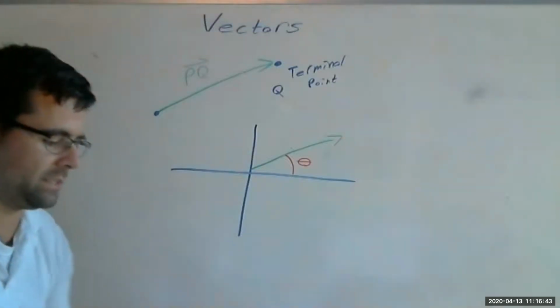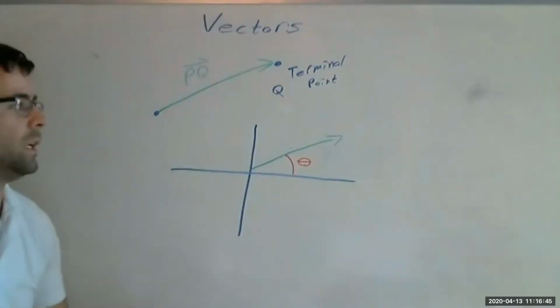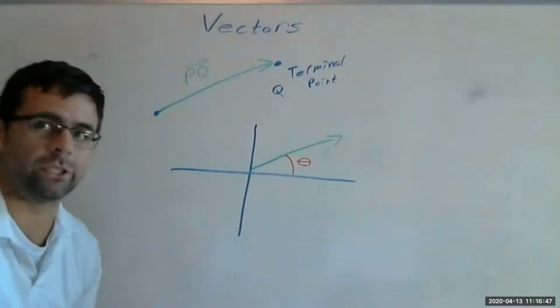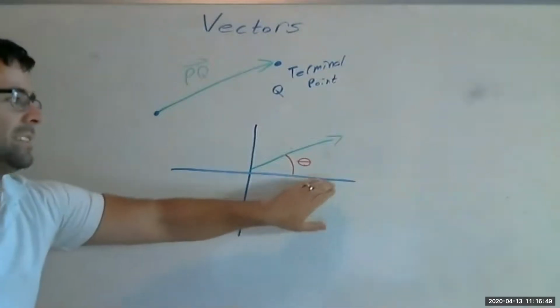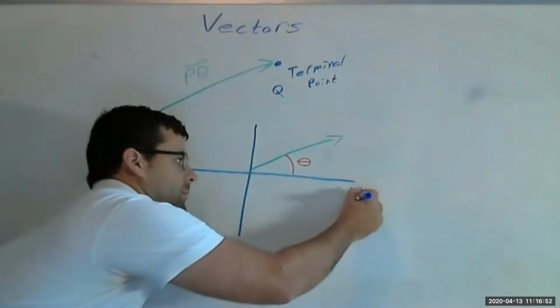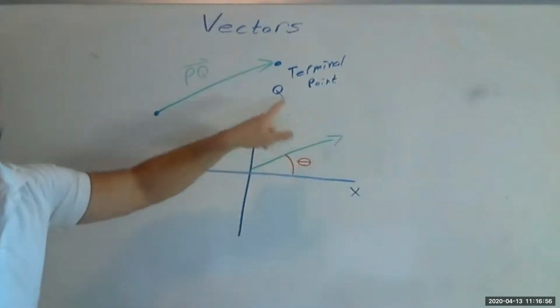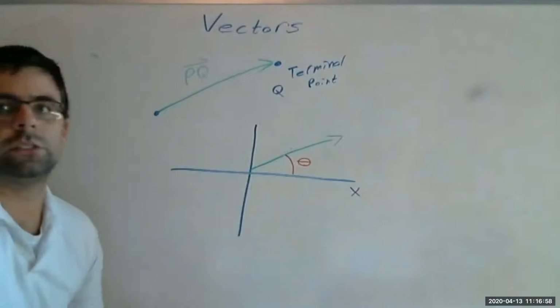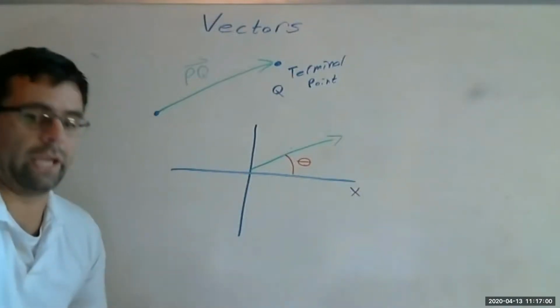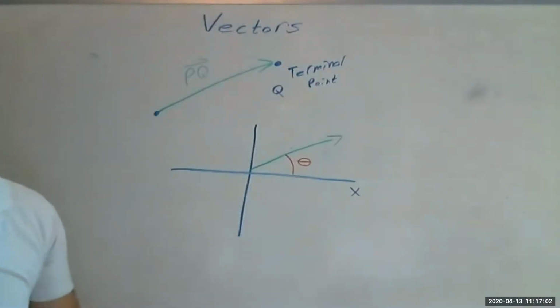But this tells us the direction. So the angle is measured from the positive x-axis counterclockwise to the angle that you are looking for. So that is theta.